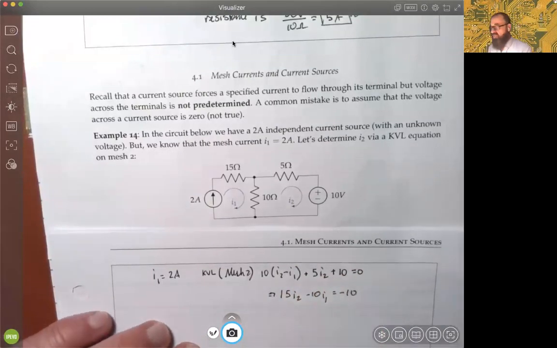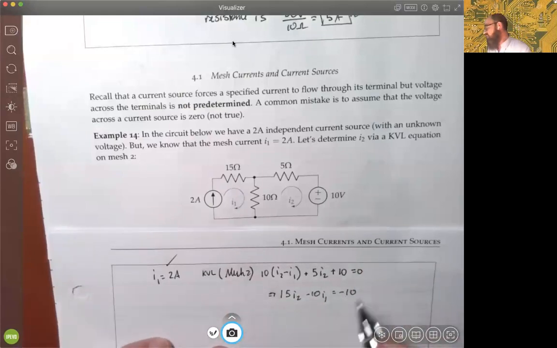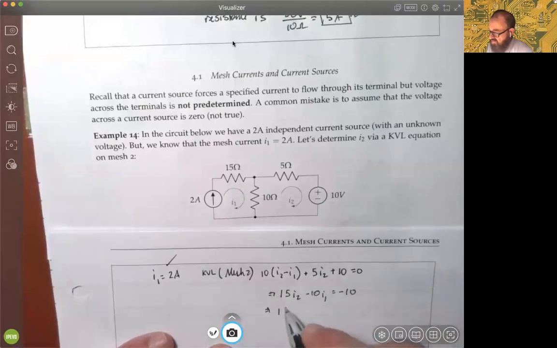But we already know from having that current source over there, which must be the same as the mesh current I1, that we can substitute that in for I1. So that implies that 15 times I2 minus 10 times 2 amps must be negative 10. That's going to be negative 20, which pushes a 10 to the other side.